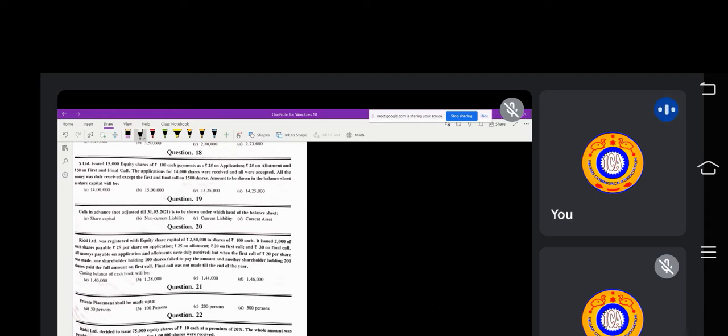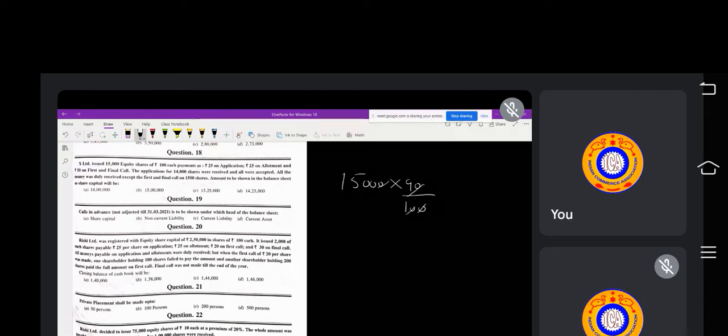In case of under subscription, before you proceed with the problem, ensure whether they have attained the 90% minimum subscription. For example, in this case, the company has issued 15,000 shares. Just check what is 90% of 15,000 shares. This gives you the exact number of shares that you have to receive.